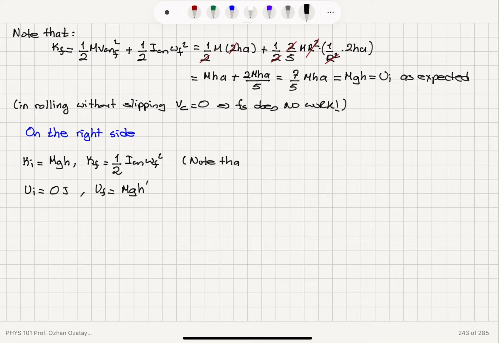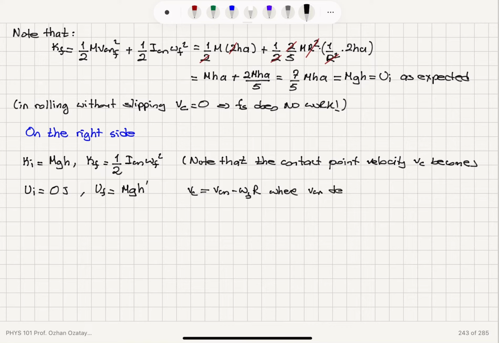So let's note that the contact point velocity Vc is equal to the center of mass velocity minus omega final times r, where V center of mass will be decreasing as the marble climbs.